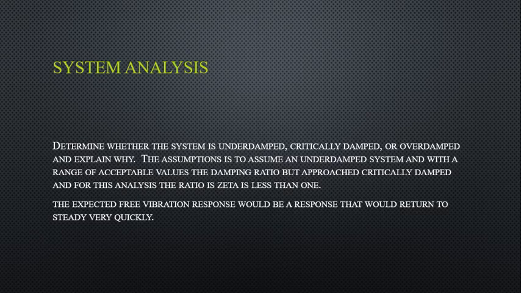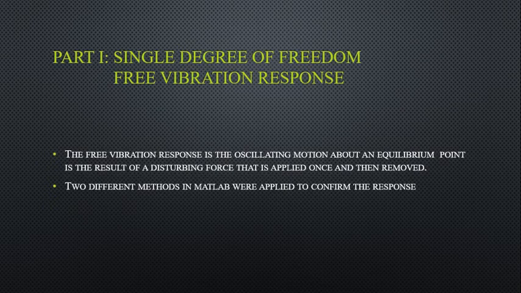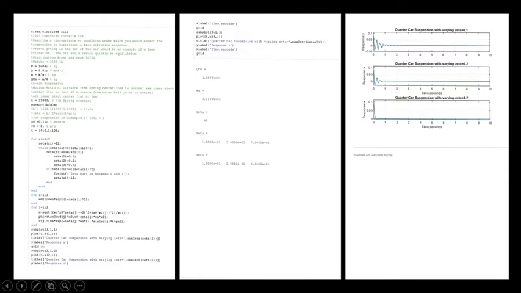In most systems, you naturally assume it is going to be underdamped, and you can go with that assumption and run your simulation based on what you would expect. For the first part, with that single degree of freedom, to keep the calculations simple, I applied two different methods using MATLAB to confirm my results. This is the first method, and you can see the code here.